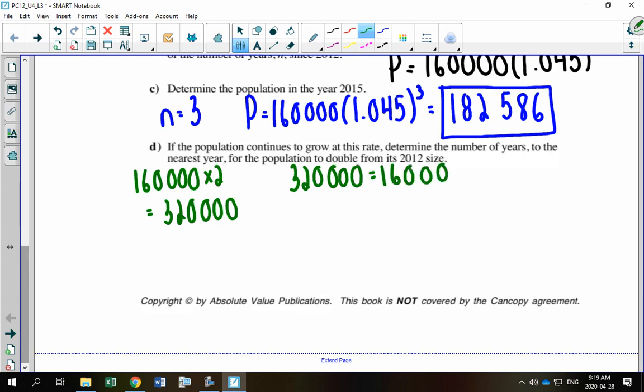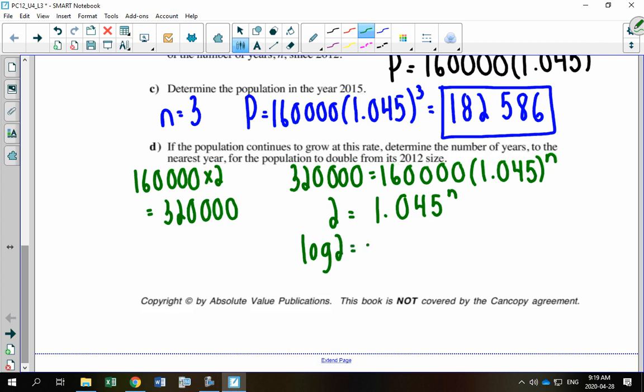Starting out 160,000 times growth 1.045, and this time we're solving for n. This is what we practiced back in lesson 1. Starting out by dividing by 160,000, we get 2 equals 1.045 to the power of n. We'll log both sides to solve for our exponent, bring the exponent down using the power law, and then simply divide.